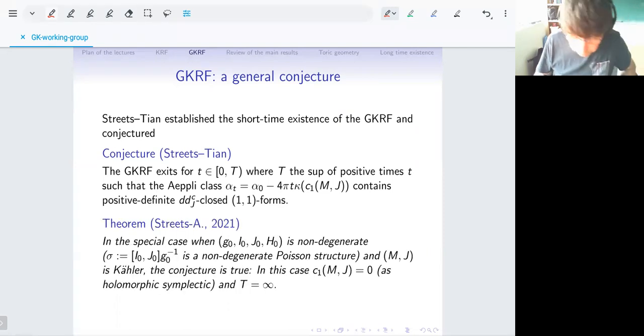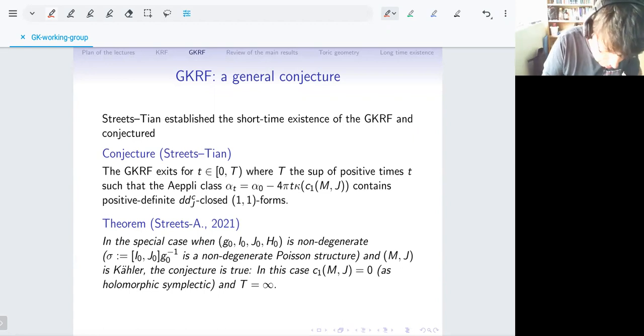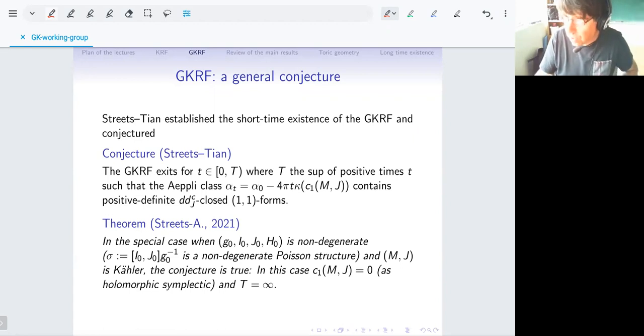But yeah, that's the situation. However, there are some results. There are very few results that have been obtained in a convenient generality. One of these results, Jeff mentioned it, was a work that I was involved in too. We considered a special case when the starting bi-Hermitian generalized Kähler geometry was non-degenerate.